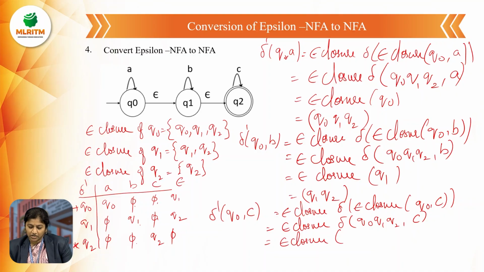Q1 on C is again null. Q2 on C is Q2. Epsilon closure of Q2 is Q2.